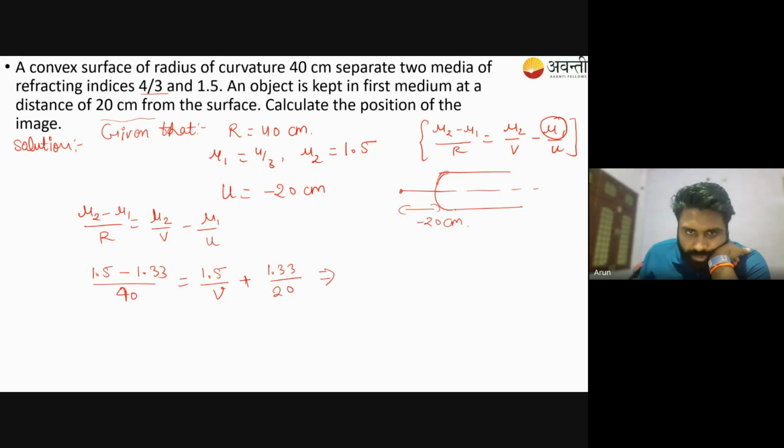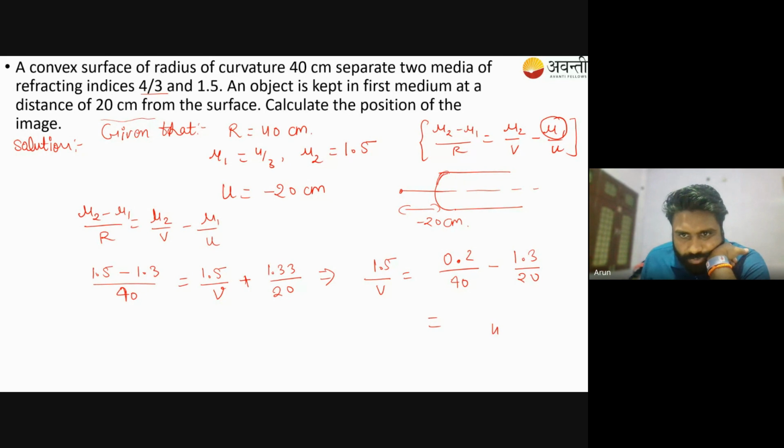If you try to calculate this, 1.5 divided by v equals, if you consider 1.33 as 1.3, it would be easier, 0.2 divided by 40 minus 1.3 divided by 20.